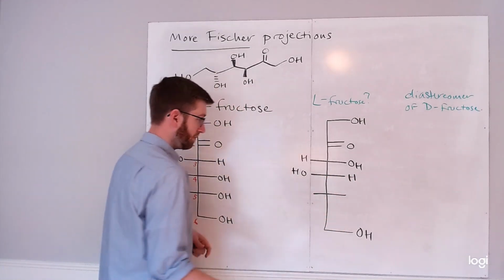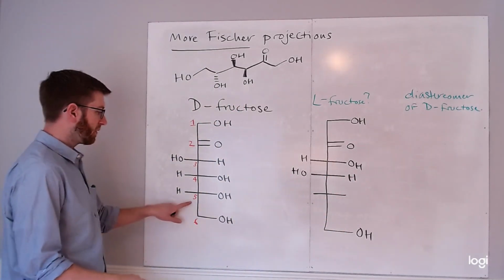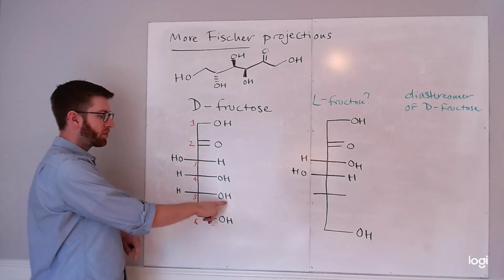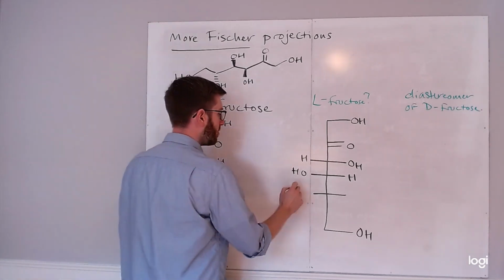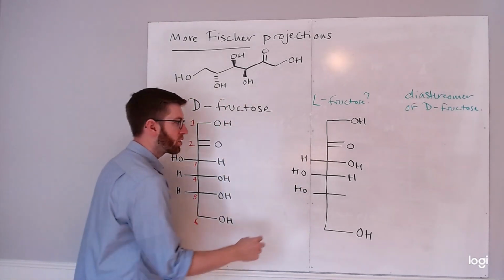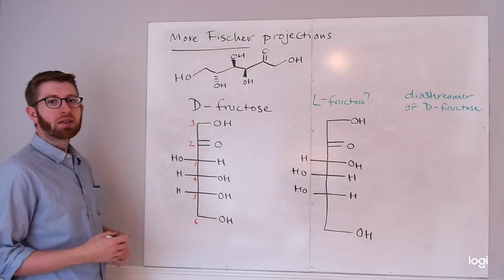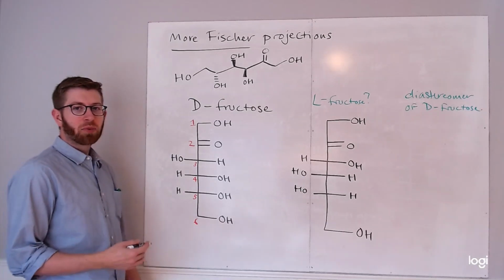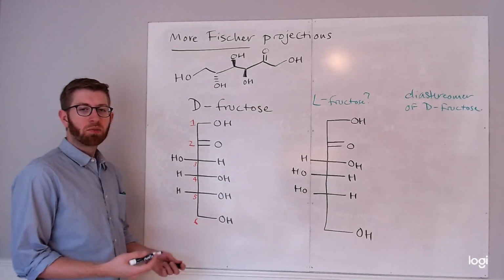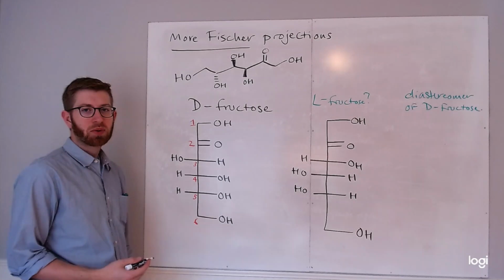Make sure I draw my H specifically. And then again for C5, I'll change the position of OH from right to left to show the opposite configuration at C5. So you can see how fast and valuable Fischer projections can be once you have a good sense for what's being communicated about stereochemistry in these drawings.